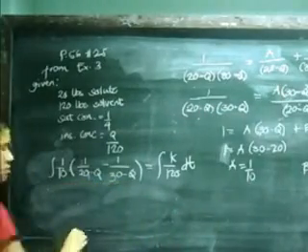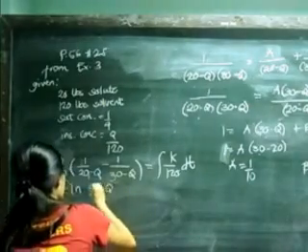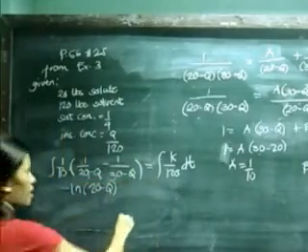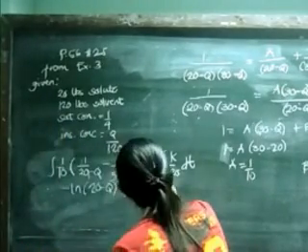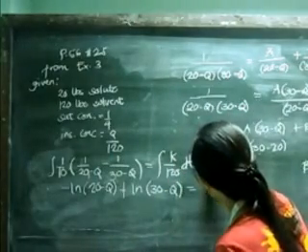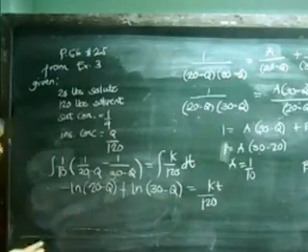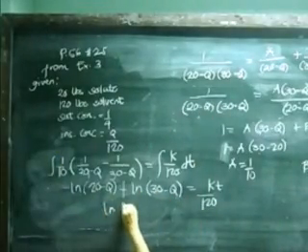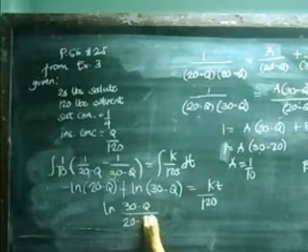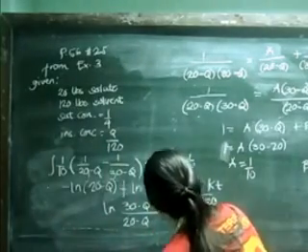Then negative ln of 20 minus Q plus ln of 30 minus Q equal to kt over 120. So we have ln of 30 minus Q over 20 minus Q equal to kt over 120.